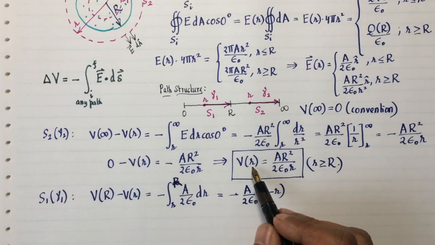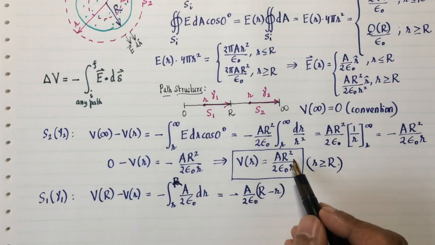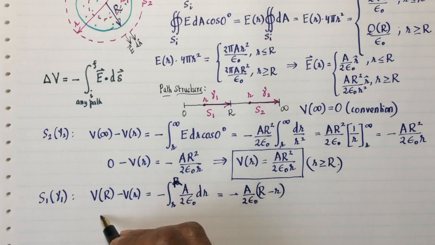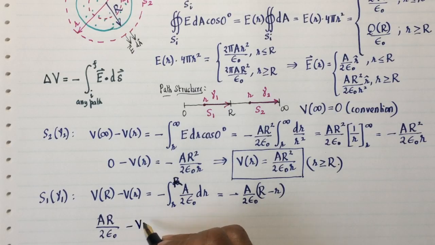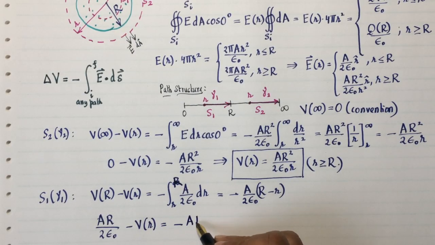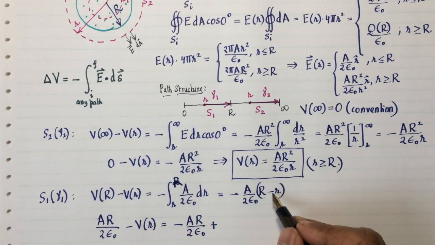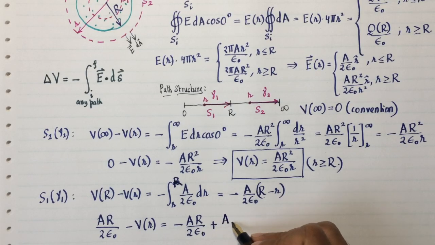Now if I put V of capital R here, one of the factors of r cancels out, and I end up getting aR divided by 2 epsilon naught minus V of r is equal to negative ar over 2 epsilon naught plus, because minus of a minus is plus, ar over 2 epsilon naught.